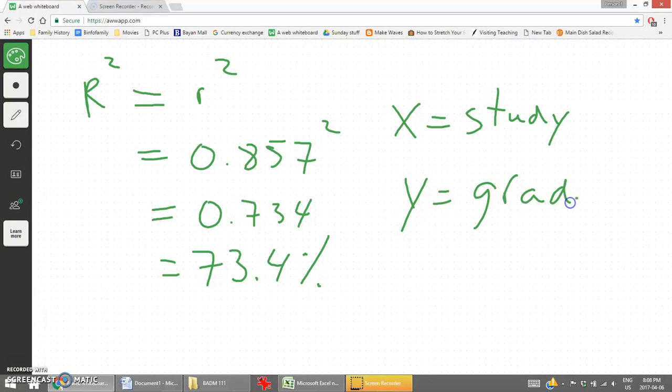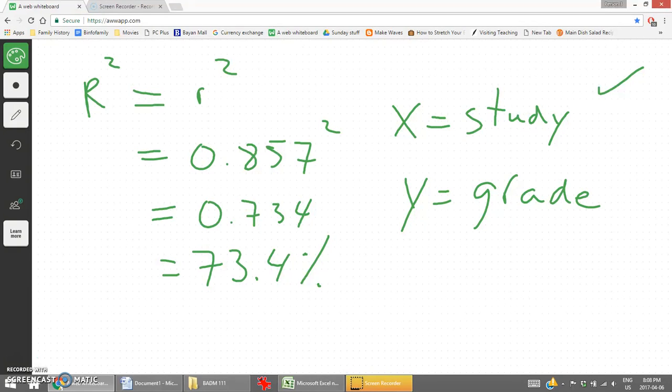As I've said before, there are probably other independent variables we could use to determine the grade. Not just study time, but we could use attendance, a grade in a previous course, or a grade in a high school course. All those could be used to determine or predict the grade in the stats course.